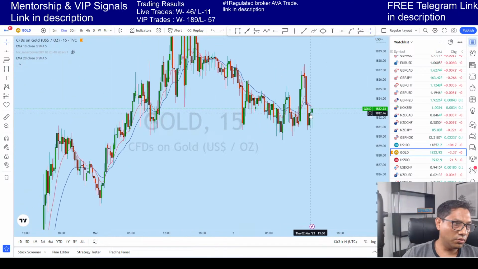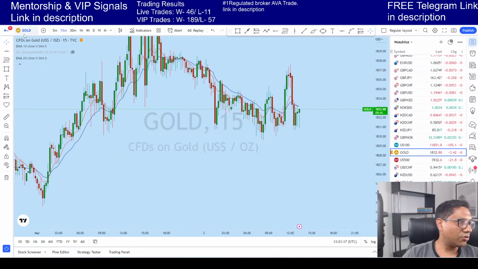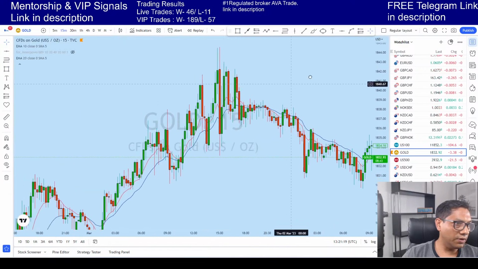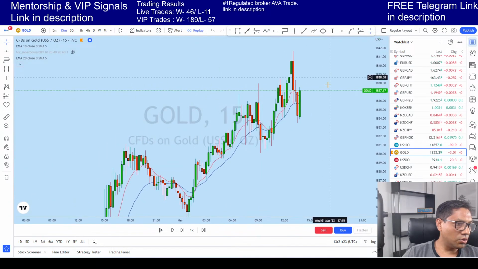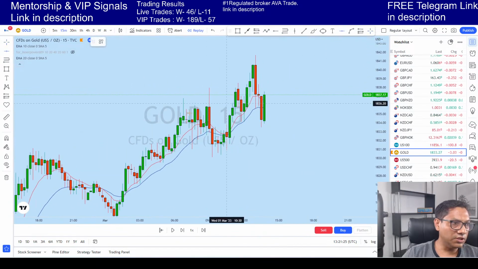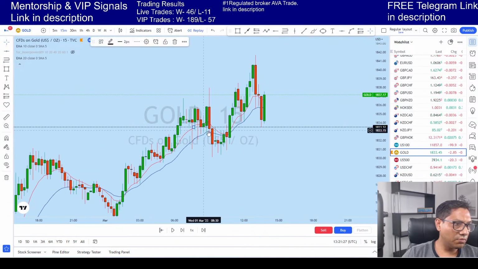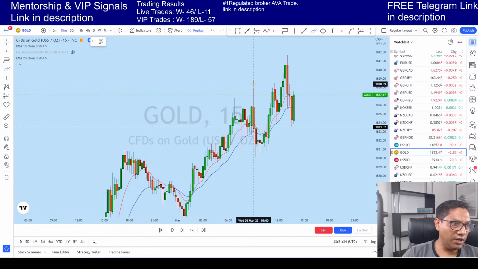So this is what the smart money concept is. In this trade, let me replay that again. In this zone, you can see the previous resistance turning into support. This is where you saw an inverted head and shoulders.